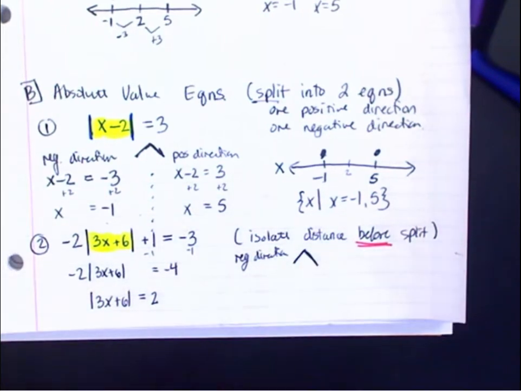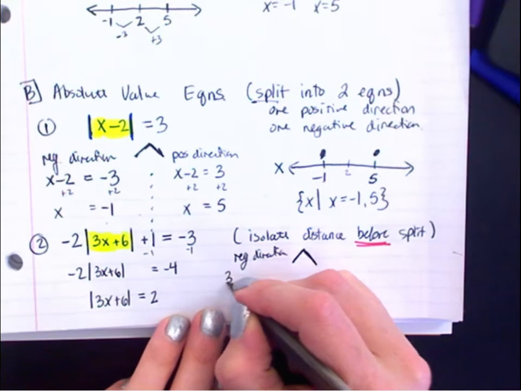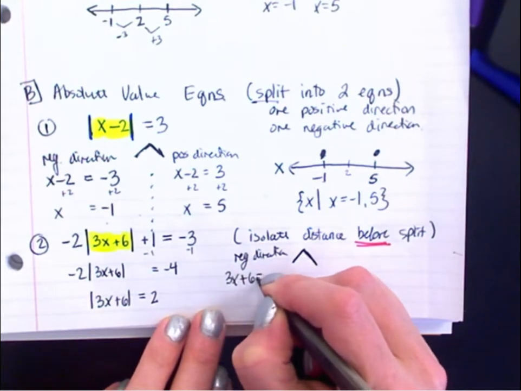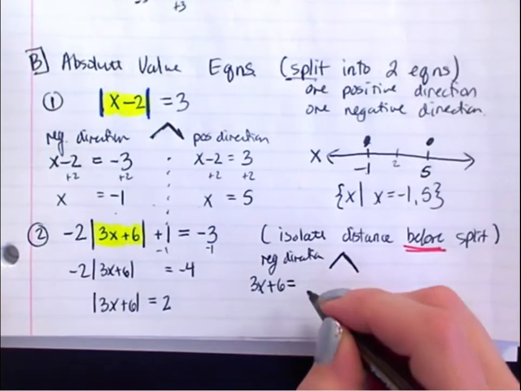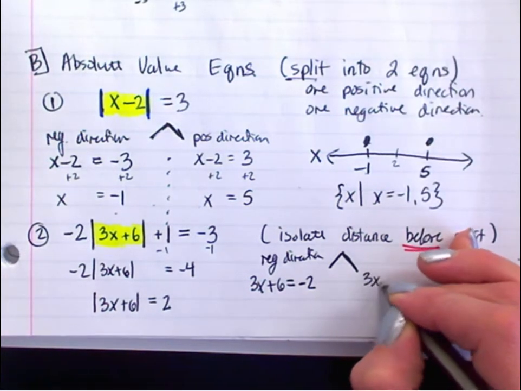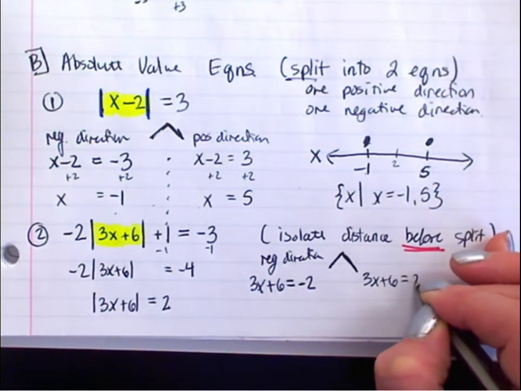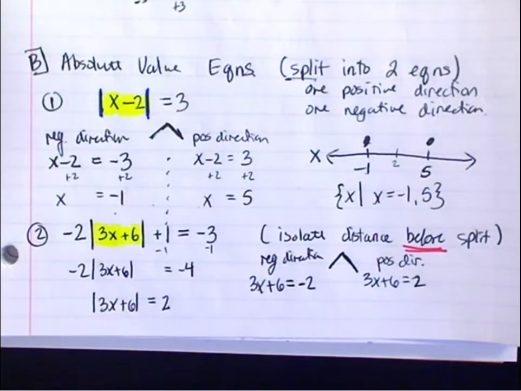Right, think of that number line. I got 2 directions to go. Notice that when I split this up into the direction, I lose the absolute value bars, it's now just a regular linear equation. So -2, right? That's for going left on my number line. And then we get 3x plus 6 equals +2 for the positive direction. Okay, solve for x.